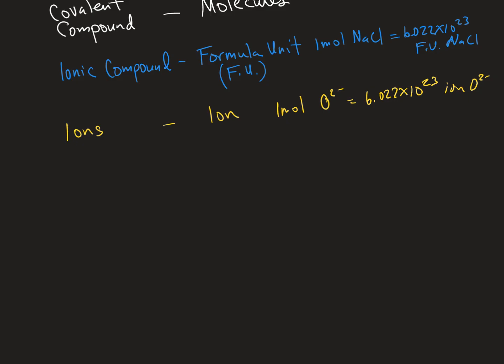Later on, maybe it might be on the final, I can't remember. But it will be on this exam. So the conversion factor is 1 mole of anything is the same as 6.022 times 10 to the 23 particles of that thing. And we can flip it. 6.022 times 10 to the 23 particles is the same as 1 mole. Just a conversion factor.